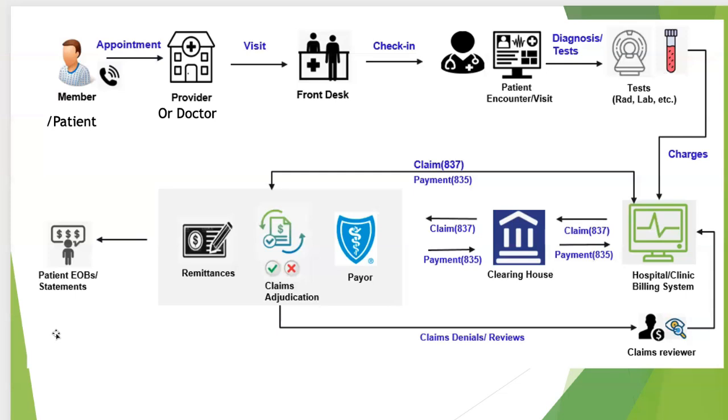They make sure all the information is up to date, for example, the patient's insurance information, first name, last name, date of birth, diagnosis codes or procedure codes. So all the information in EDI 837 files is properly available, and then you have to submit the claims.